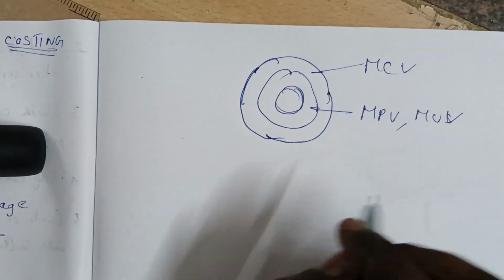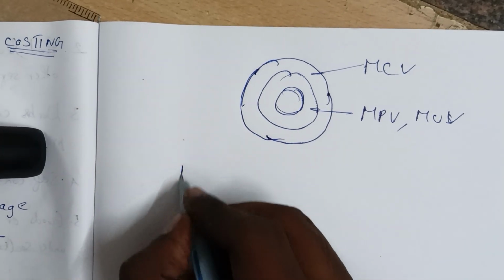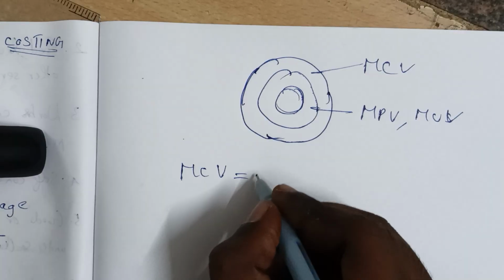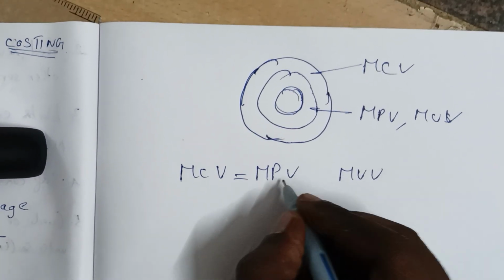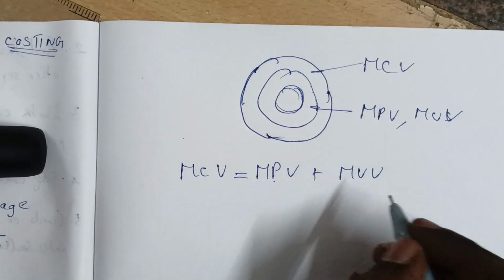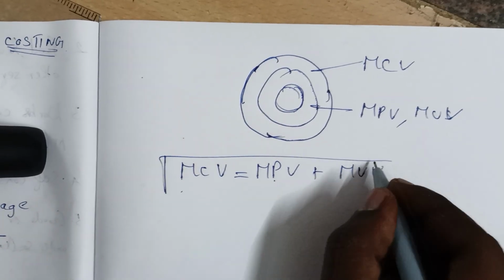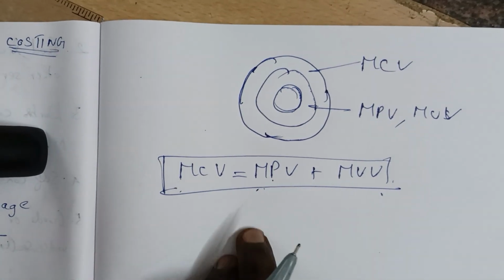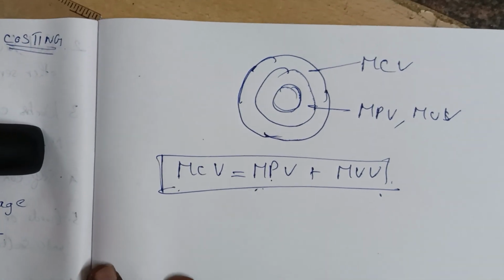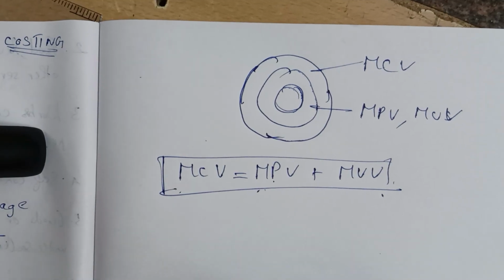So what this simply means is that when you find MCV, then you find MPV and then MUV, when you add these both, the material price variance and material usage variance, you have to get the material cost variance. This is another important thing. This can be used to verify your answer if it's right or not.